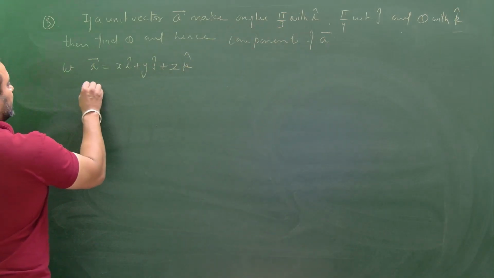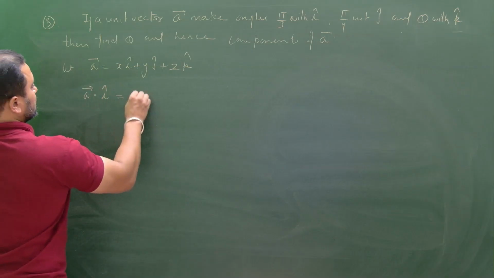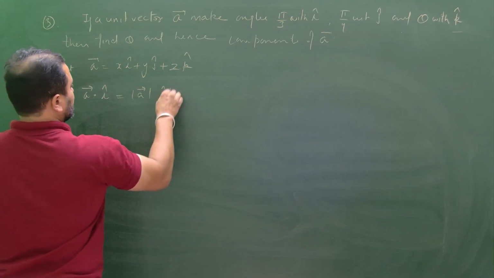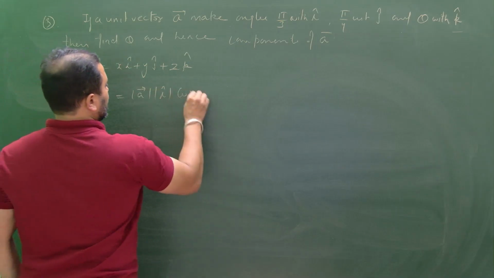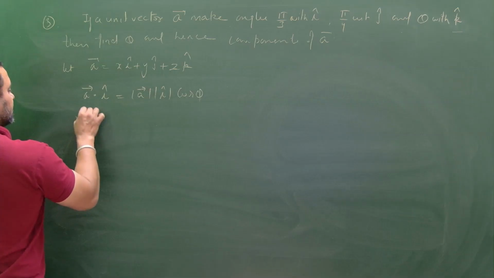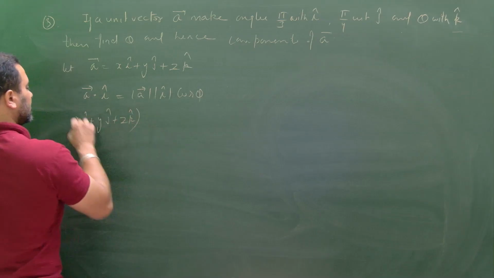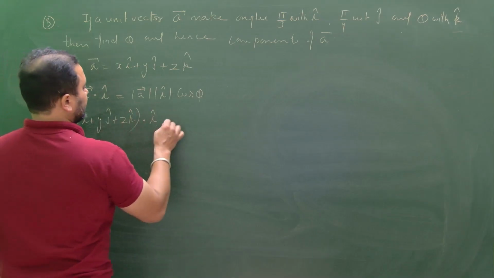So vector a dot i cap is equal to cos of the angle. So here vector a is xi, yj, zk dot with i cap.